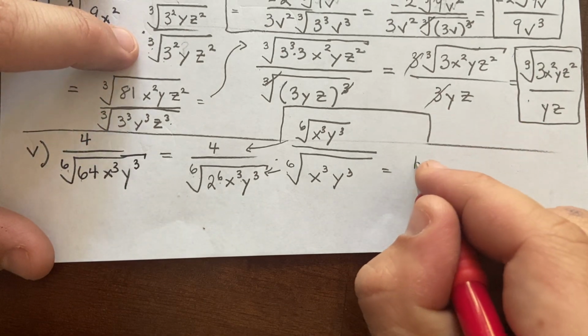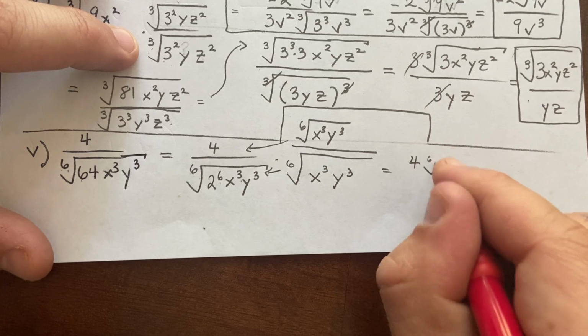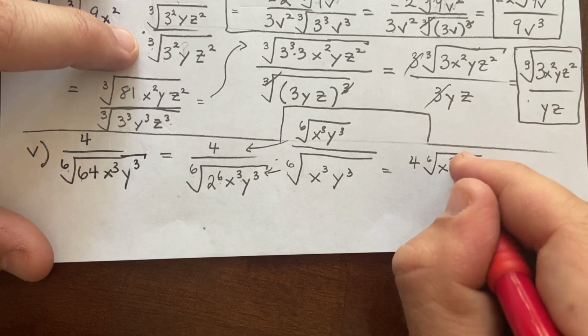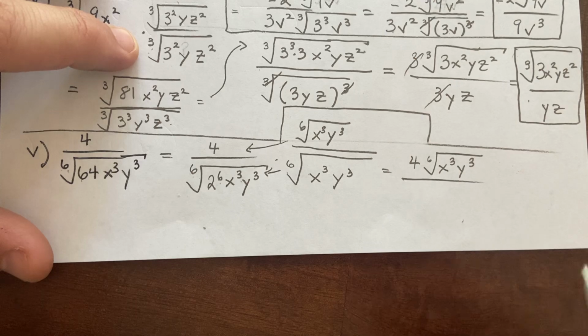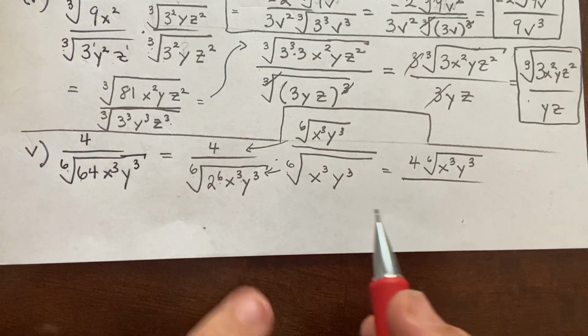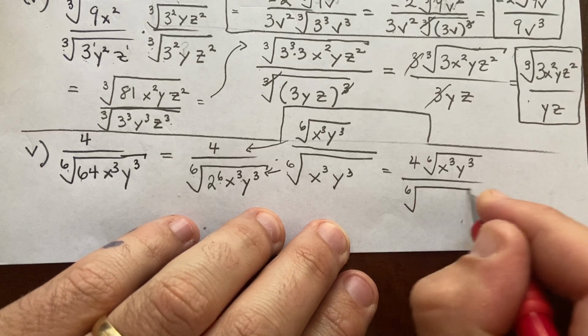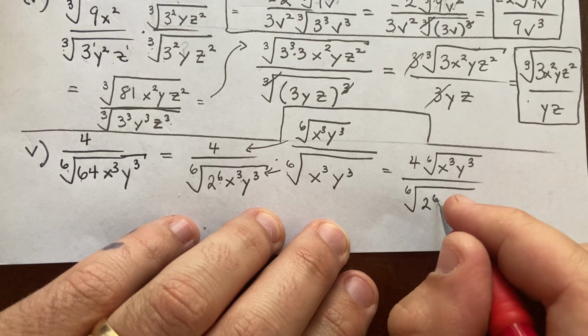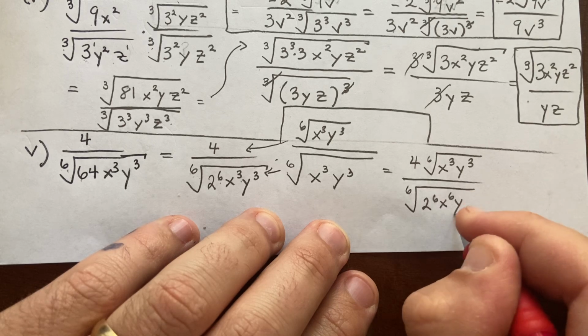So 4 times the 6th root of x cubed, y cubed over what we created here, the 6th root of 2 to the 6th, x to the 6th, y to the 6th.